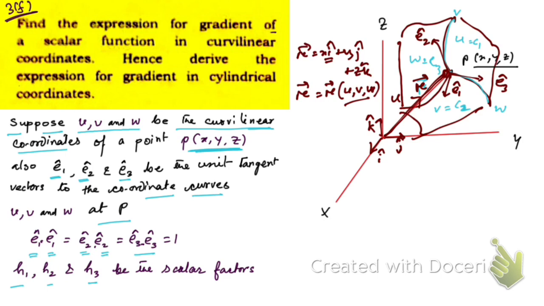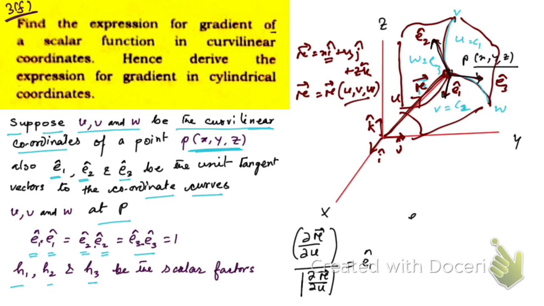As these are tangent to these curves at this point P, the tangents can be obtained by del u of r, the position vector of the point P. As we need a unit vector, it must be divided by its magnitude, mod of del u of r, and that gives e1 cap.